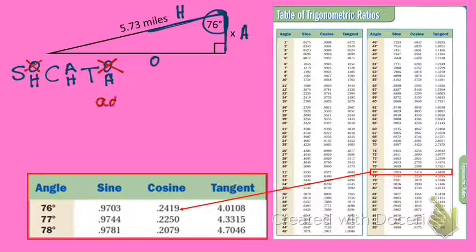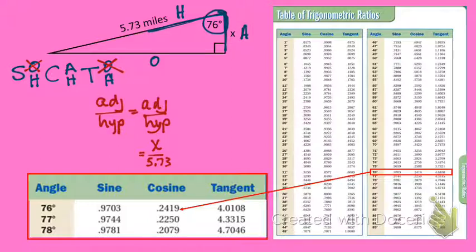It will be adjacent over hypotenuse equals adjacent over hypotenuse. And our adjacent side is x, and our hypotenuse is 5.73. And then we don't have another triangle with another adjacent side and another hypotenuse to look at, but we do have the trig table, which tells us in every 76-degree right triangle what decimal value the adjacent divided by the hypotenuse will have.